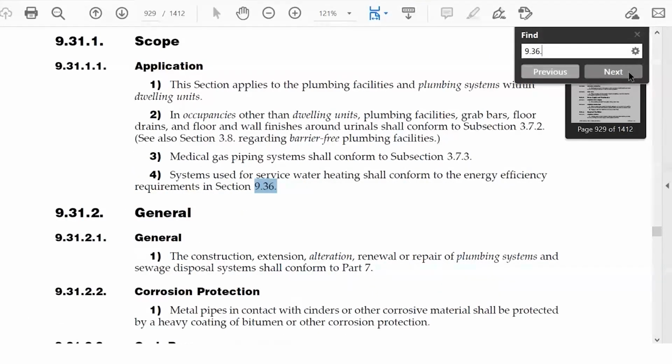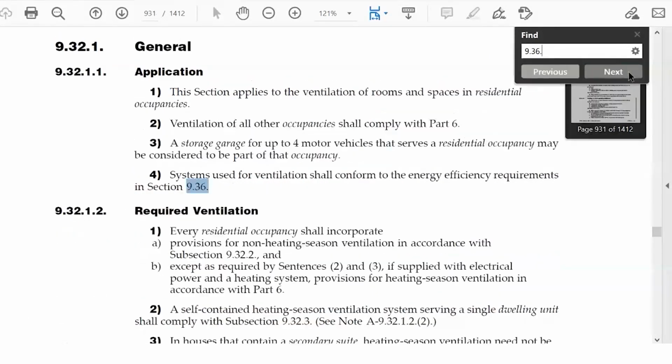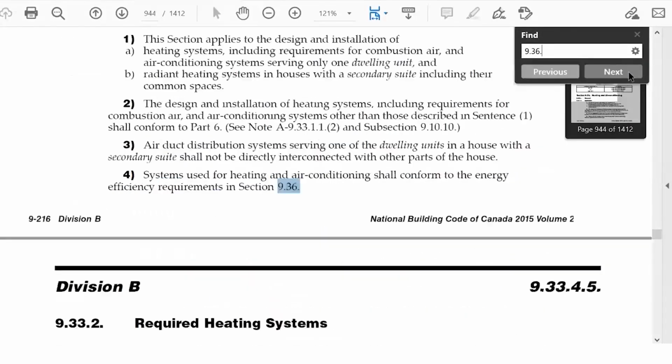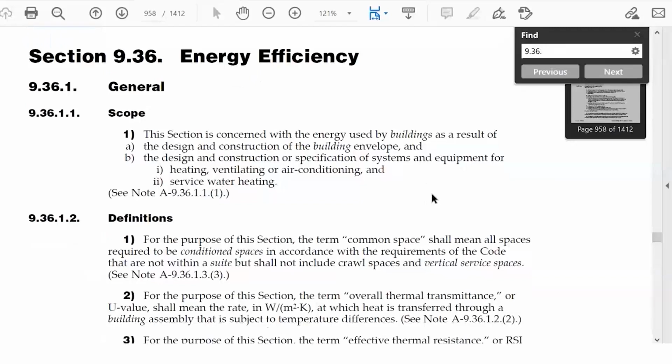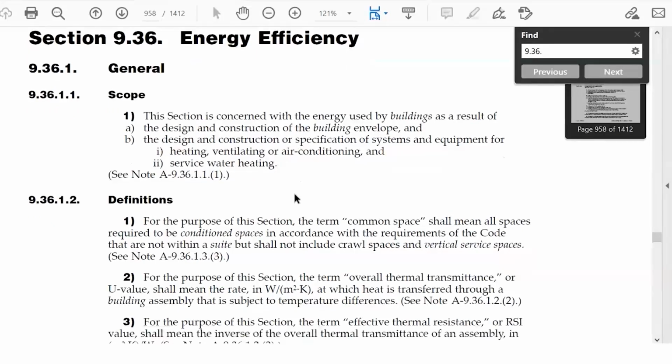You can see where all the references are for 9.36. This section is concerned with the energy used by buildings as a result of the design and construction of the building envelope and the design, construction, and specification of systems and equipment used for heating, ventilating, and air conditioning, and service water heating.